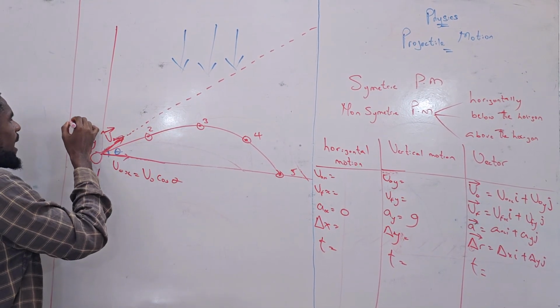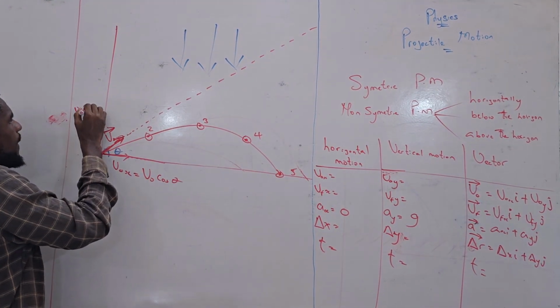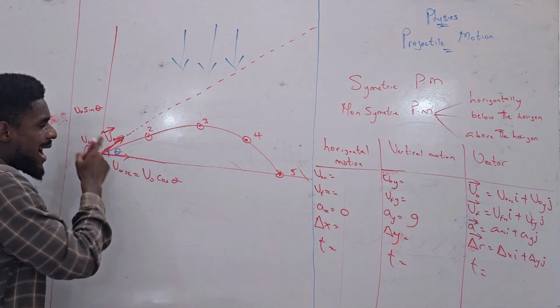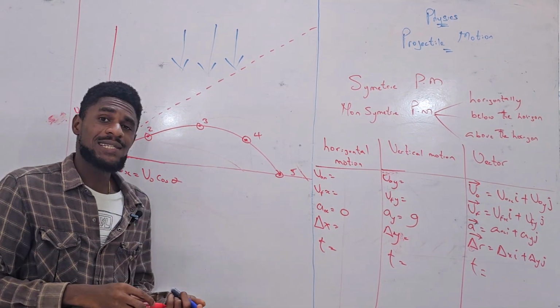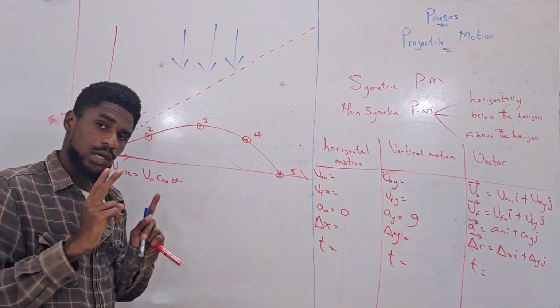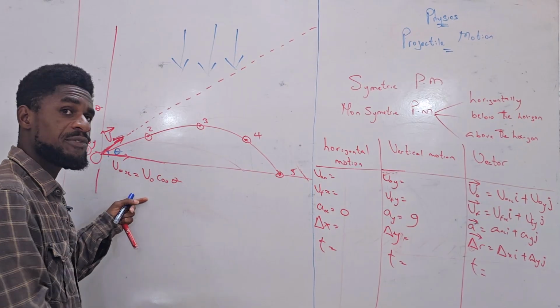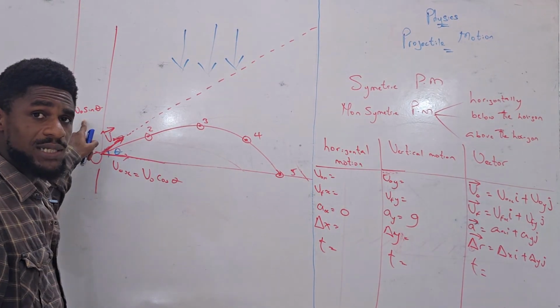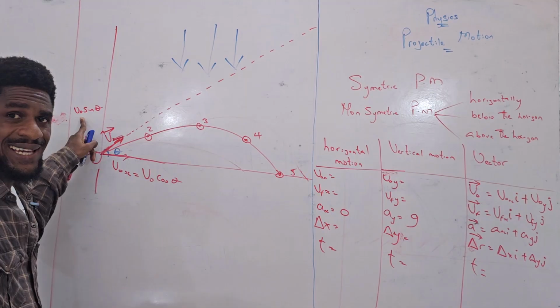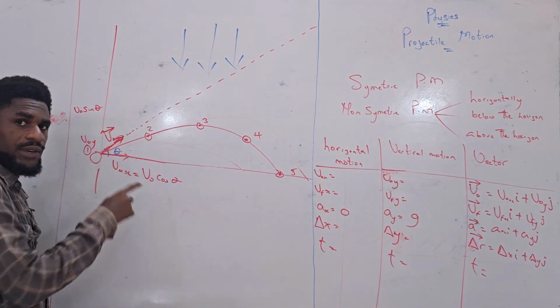This V naught of y, I can call V naught sine theta. How do we arrive at this? We looked at it when we were talking about the concept of vectors, how we can resolve vectors into their various components. We said for the horizontal parts, we represent it with V naught cos theta, and for the vertical parts, V naught sine theta. All these have been resolved from my velocity vector, V naught.